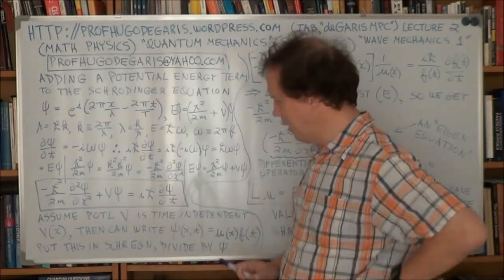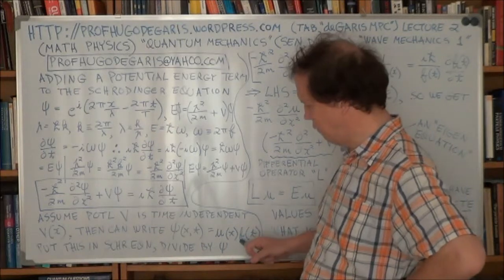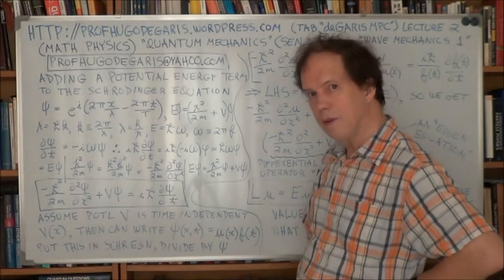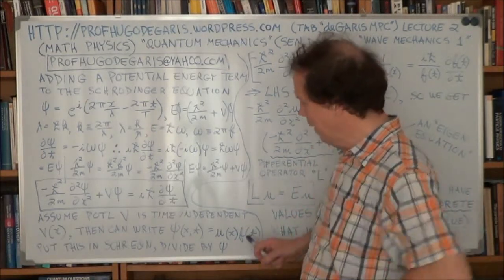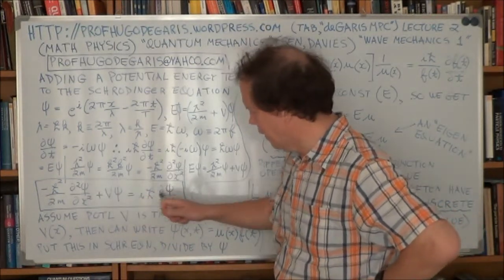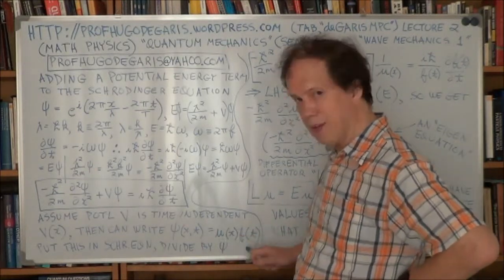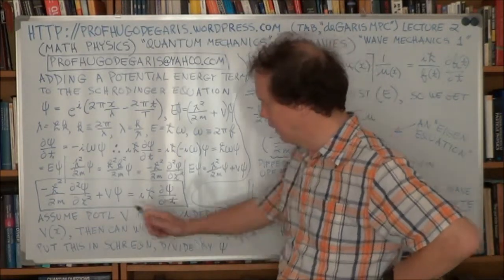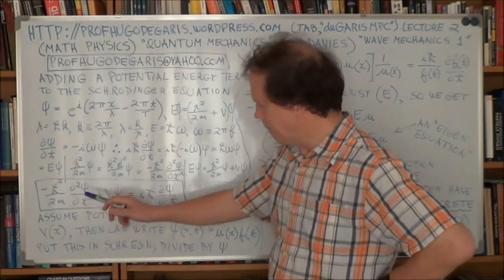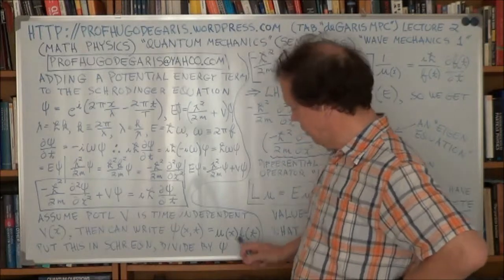So divide both sides by psi, in other words, uf. I'll just say that again quickly. Substitute for psi. Instead of psi, put the uf, because it's the same thing. Put uf here, and then divide the result by uf.